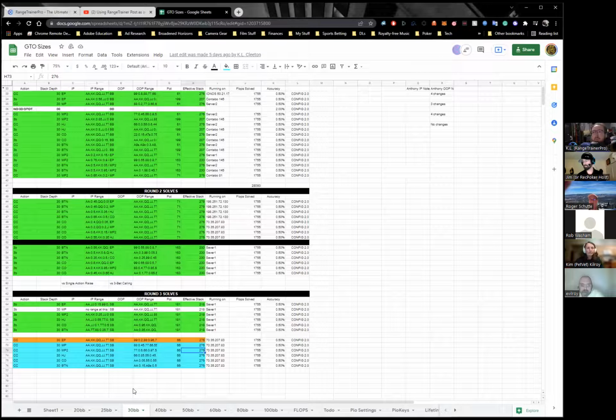But the problem is that the number of combos goes way down as far as hands that change dramatically on a turn card. So the way I like to think about it is in two different ways: how dynamic is a board, and how lit is a board. They're not the same thing, but they're related to each other.